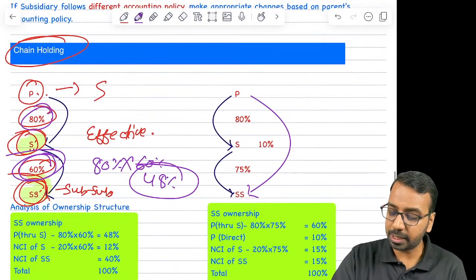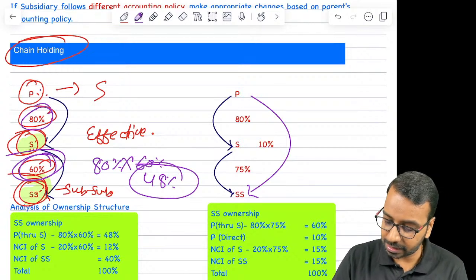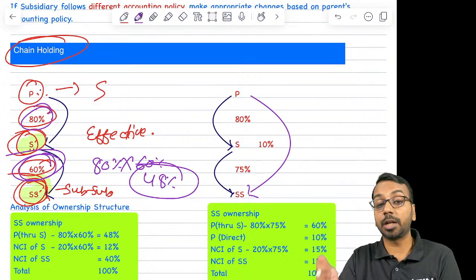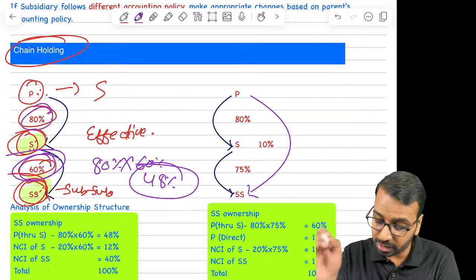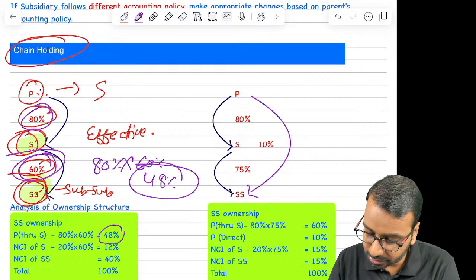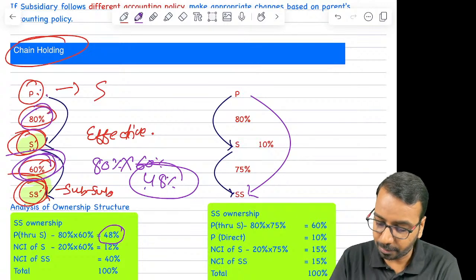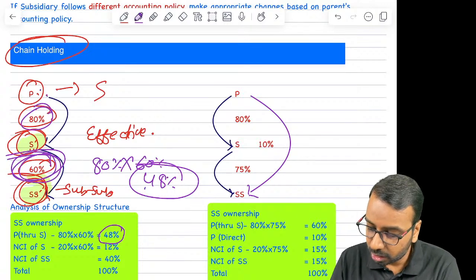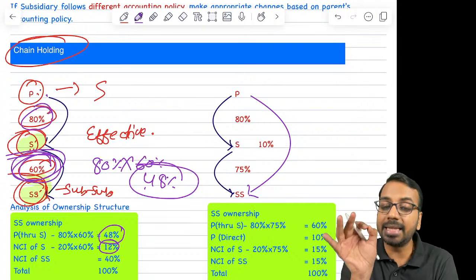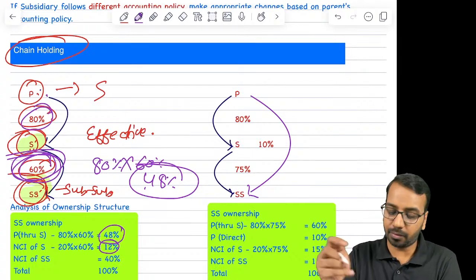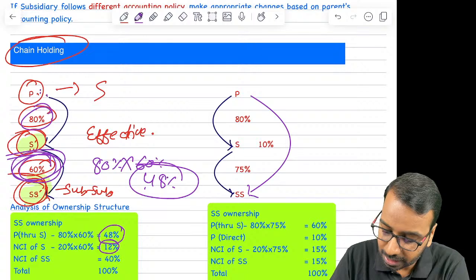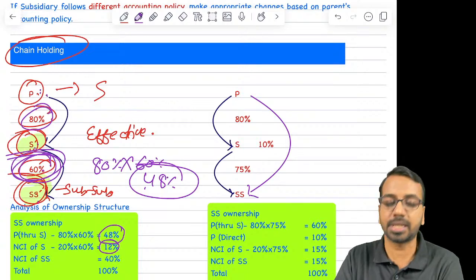So what you have to see is parent has 80% in S and parent has 48% in SS. So in that case, what is the effective structure? 48% is held by the parent out of the 60%. 12% is owned by NCI of S. So the logic is parent has 80% in S, S has 60% in SS.